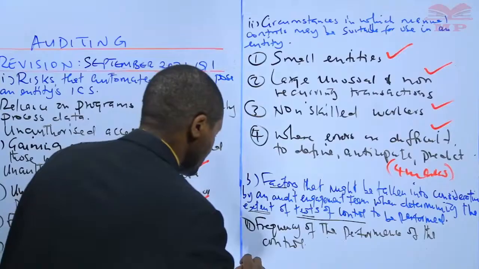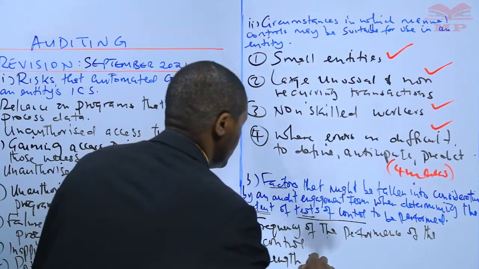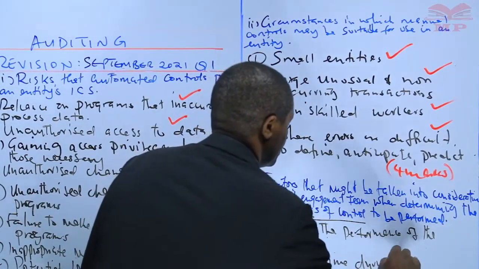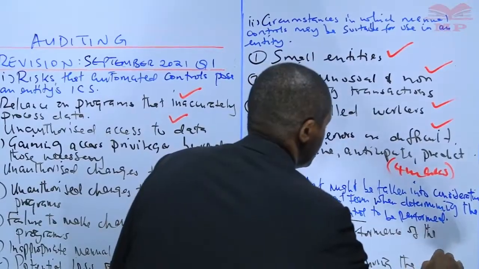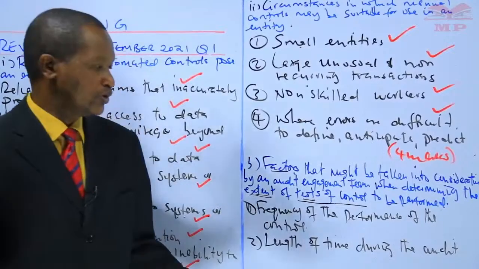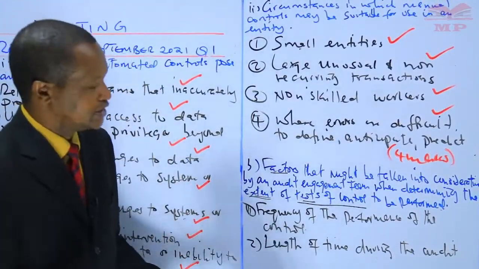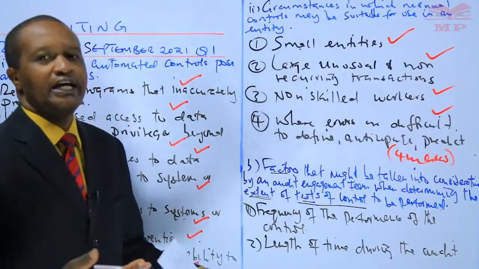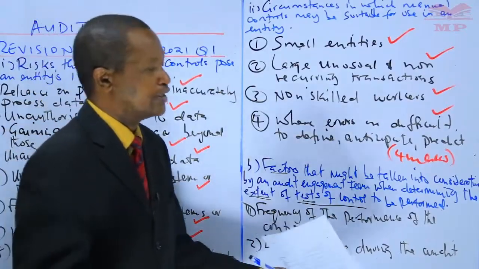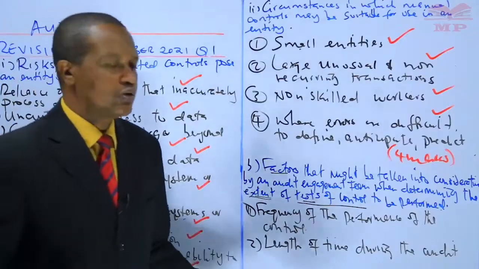Length of time, number 2, is another factor. The length of time during the audit period that the engagement team is relying on the operating effectiveness of the control.